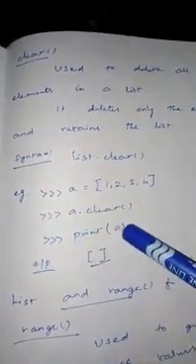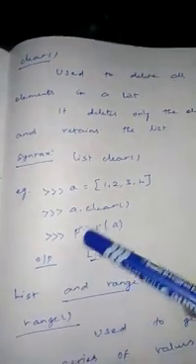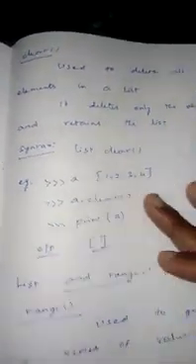Next I am giving print A. This function deletes all elements and the result is an empty list. It will display the answer as an empty list. This is the clear function. So with this, deletion is over. For deleting we can use the delete statement, remove function, pop function and clear function. Next we are going to start the next topic called list and range function.